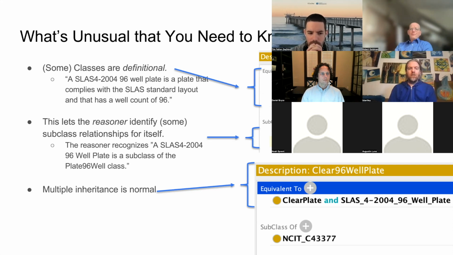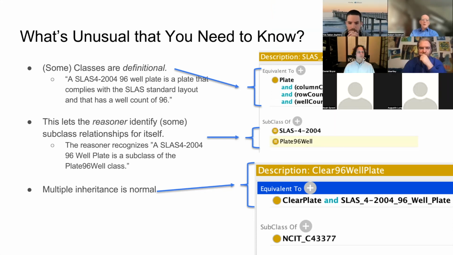So for example, here we just assert that a slash 96 well plate is a slash plate, right? It's a plate that complies with this standard. Okay, so there are things that we just assert about it, but then there are also things that the system will infer. Like here, it infers that this is a 96 well plate. I didn't have to assert that for it.